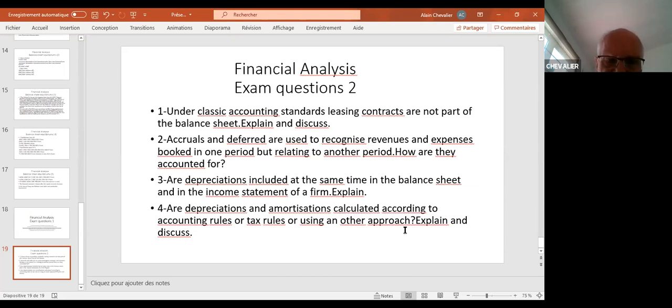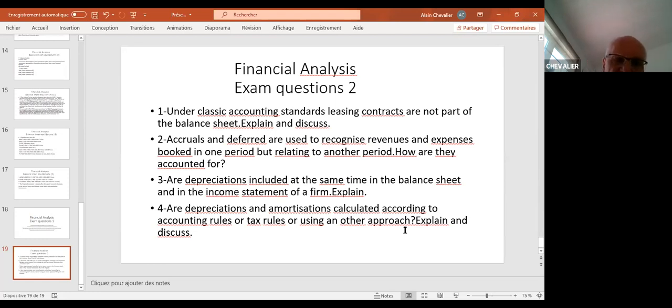On the contrary, you can have a situation which is just the opposite. You have a delivery, you don't have the invoice, and it is not paid. So I don't want to go into the detail, but let's say we have specific rules and names of accounts to deal with those problems, and they are called accruals and deferred.